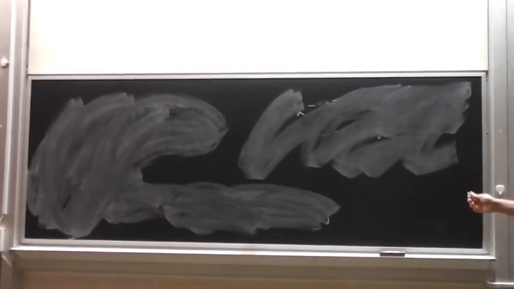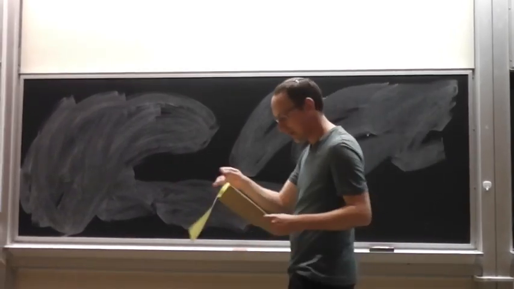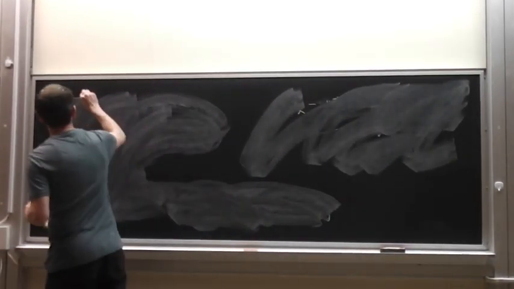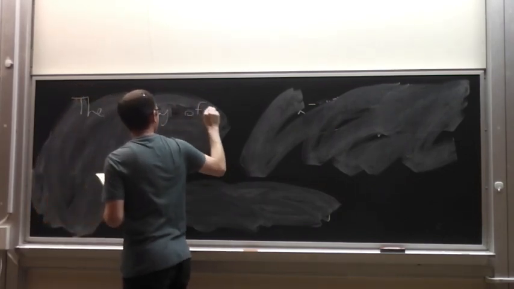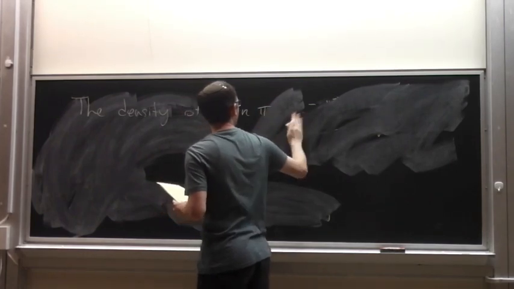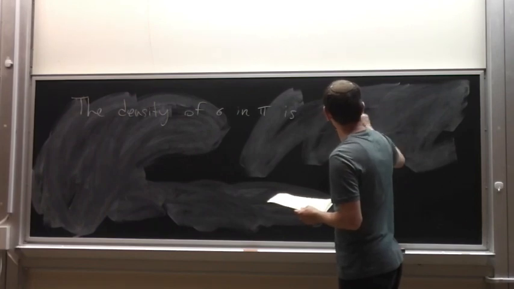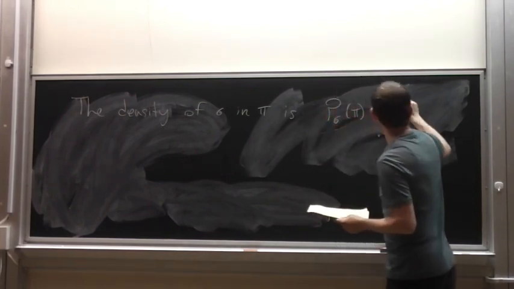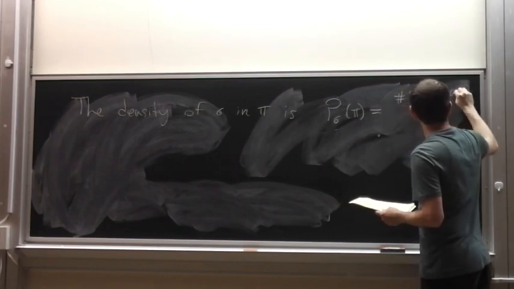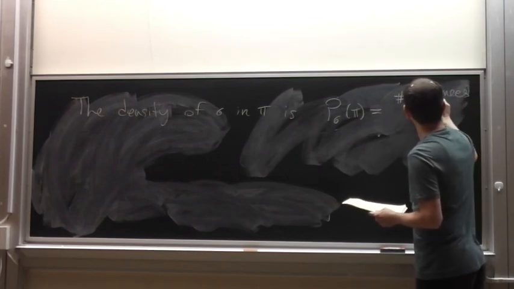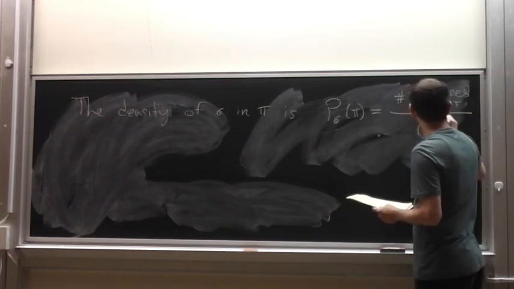So you know about permutation patterns, and we are trying to count them. Let me make a definition of densities. The density of sigma in pi, which we'll denote by T(sigma, pi), is equal to the number of occurrences of sigma in pi divided by n choose k.